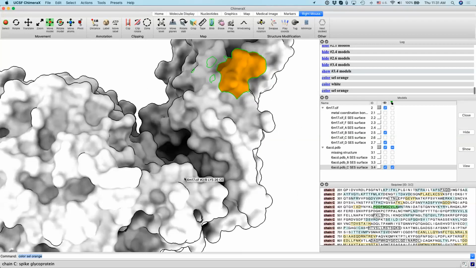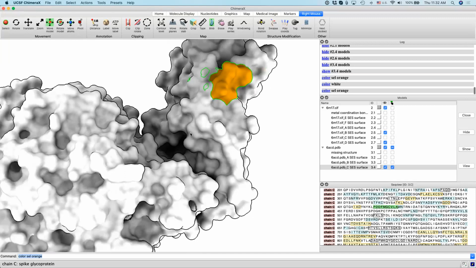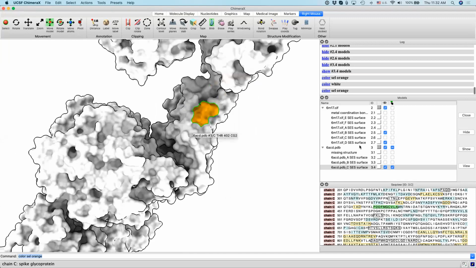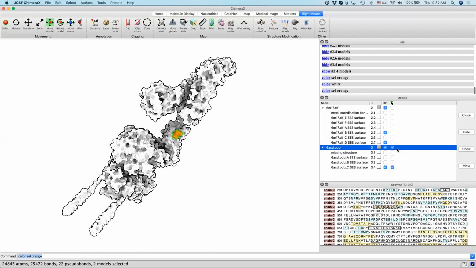And just to get a sense of how that works with the whole protein, we found the open model with the protein. We know that the receptor binding domain of both models is the same, so now we can align those two together. How do we align those two together? We take one model. So let's take this model right here.